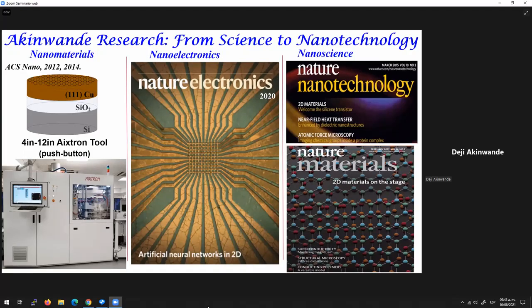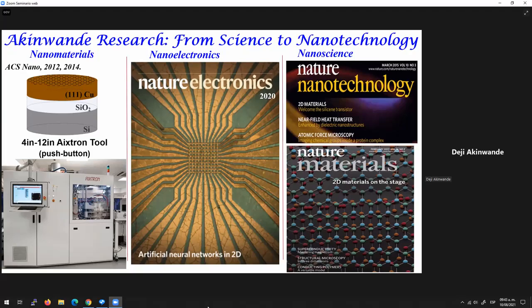And in some cases, we observe phenomena that require a call to deeper scientific research in terms of trying to understand the underlying physics of phenomena. So from time to time, we get into material physics, device physics, to elucidate phenomena that we're observing.